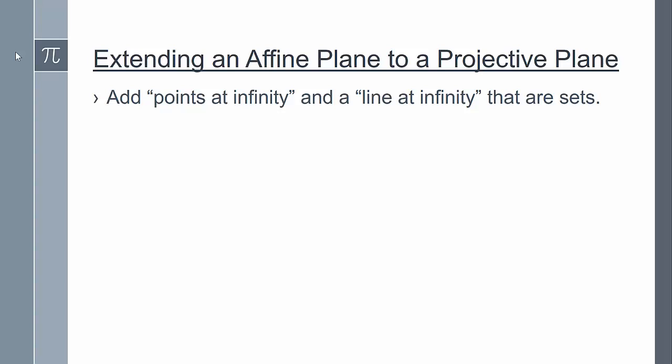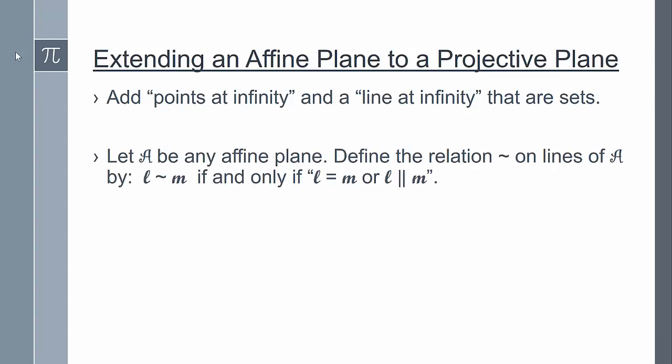As long as our definitions and our sets and our elements all satisfy the incidence axioms, then we still have a model of incidence geometry. So it is important that we're going to add points at infinity that are actually sets. And our line at infinity is actually a set, but it's still going to satisfy the axioms of incidence geometry.